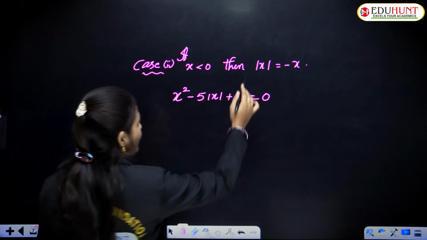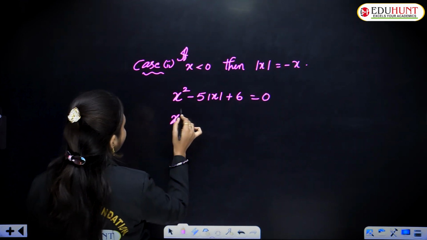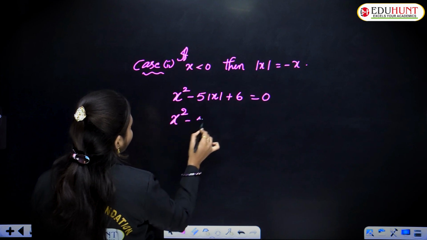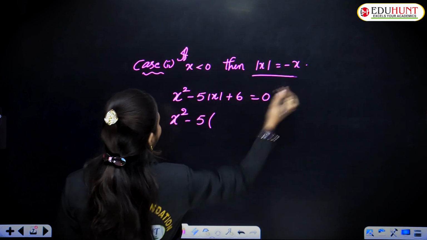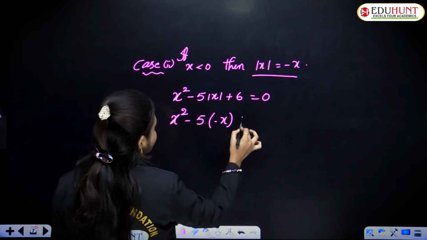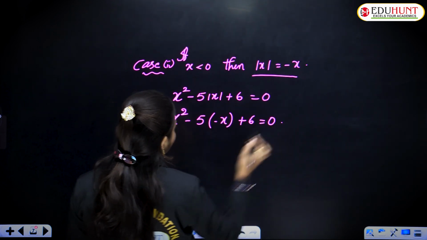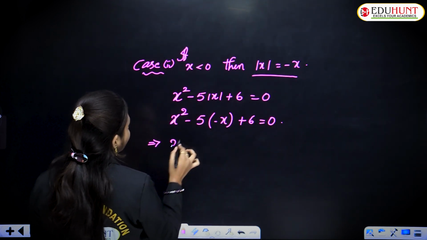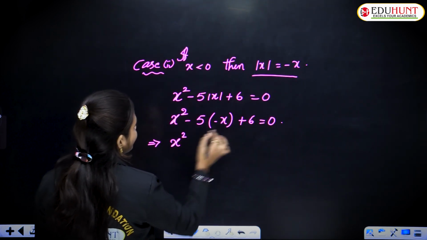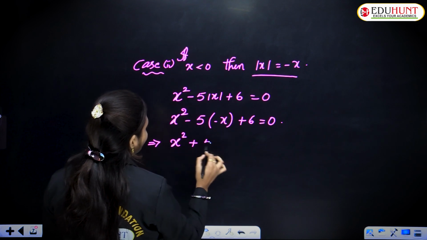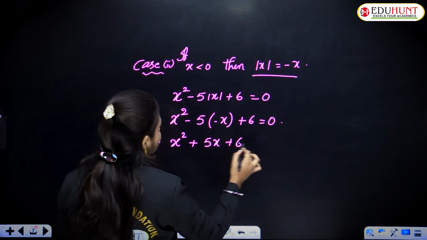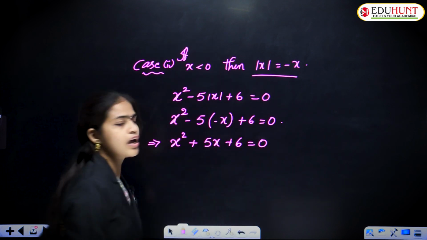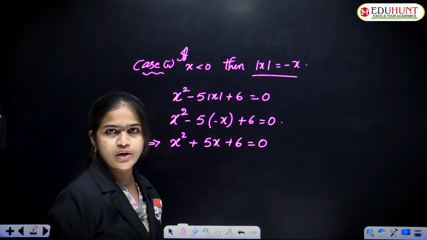At the place of modulus x take minus x. So x square minus 5 into minus x plus 6 is equal to 0. Minus into minus is plus, 5 into x is 5x, plus 6 is equal to 0. So finally this is the required equation.